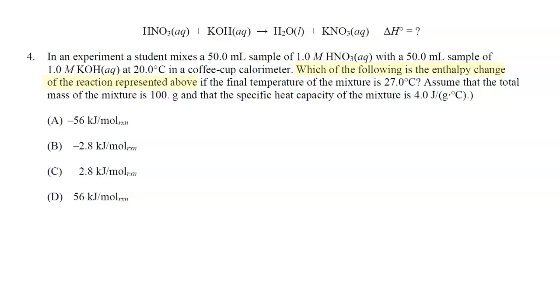Which of the following is the enthalpy change of the reaction represented above if the final temperature of the mixture is 27 degrees Celsius? Assume that the total mass of the mixture is 100 grams and that the specific heat capacity of the mixture is 4.0 joules per gram degree Celsius.